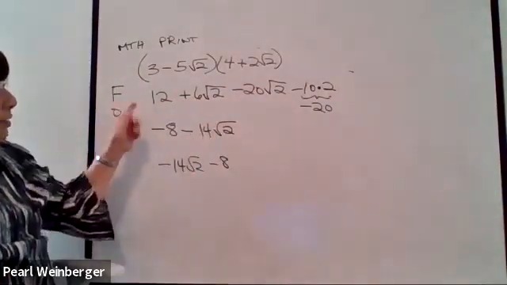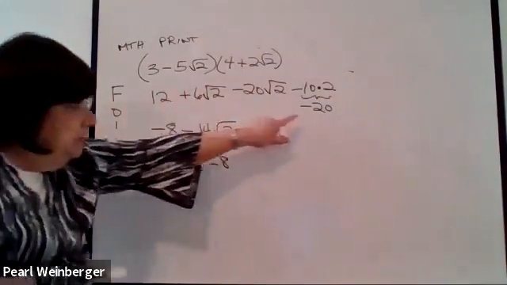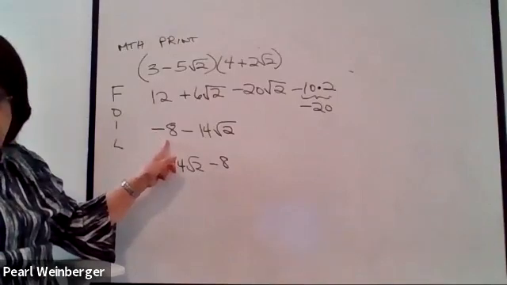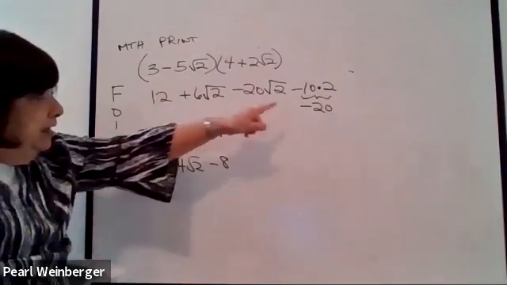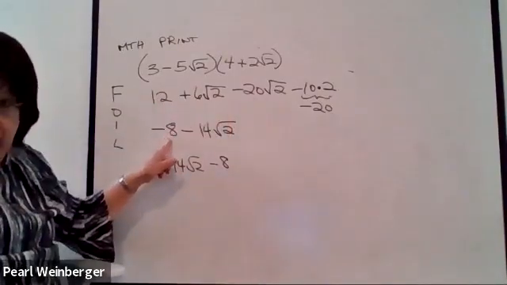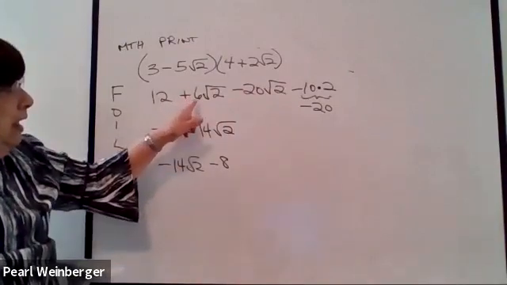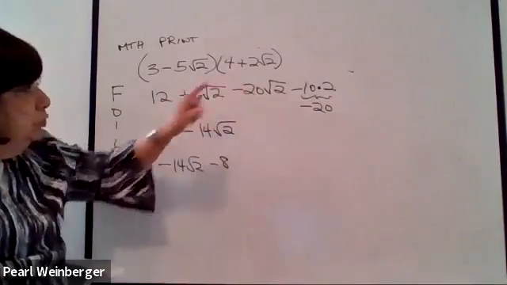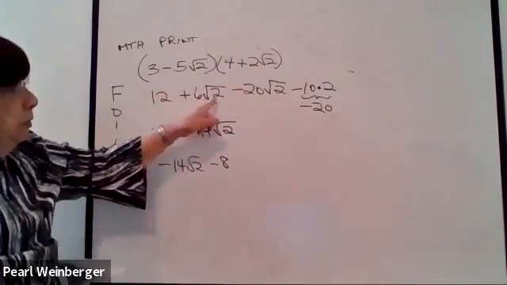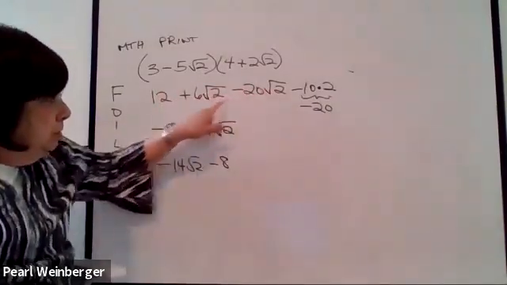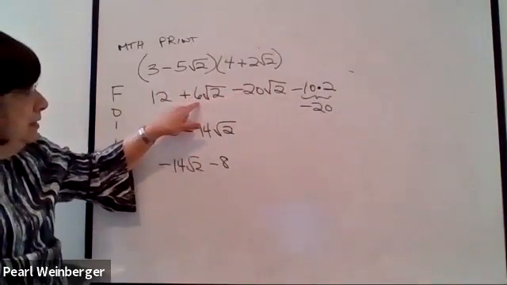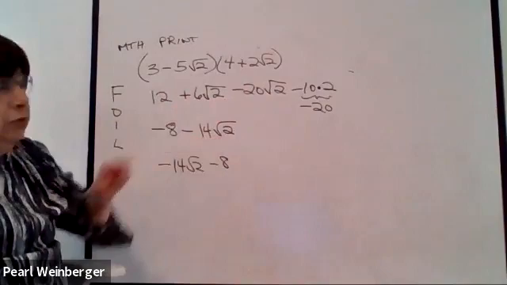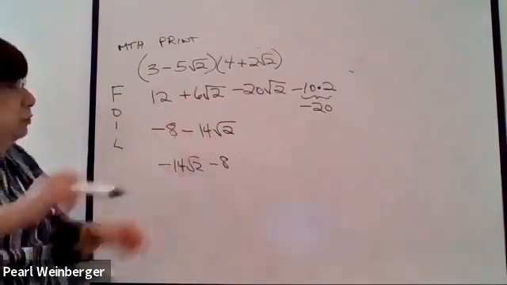So the like terms are the 12 and the negative 20 because they aren't attached to any radicals. So 12 and negative 20 combine to negative 8. And the 6 radical 2 and the negative 20 radical 2 are like terms because they're both attached to radical 2. So I add the 6 and the negative 20, which gave me negative 14. So that's where the negative 14 radical 2 is.